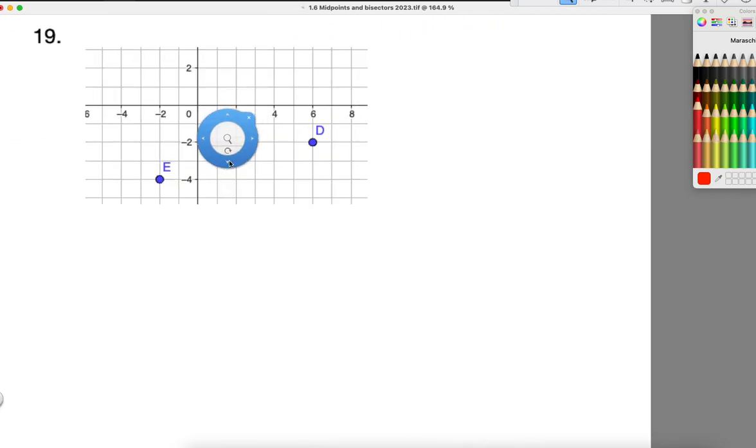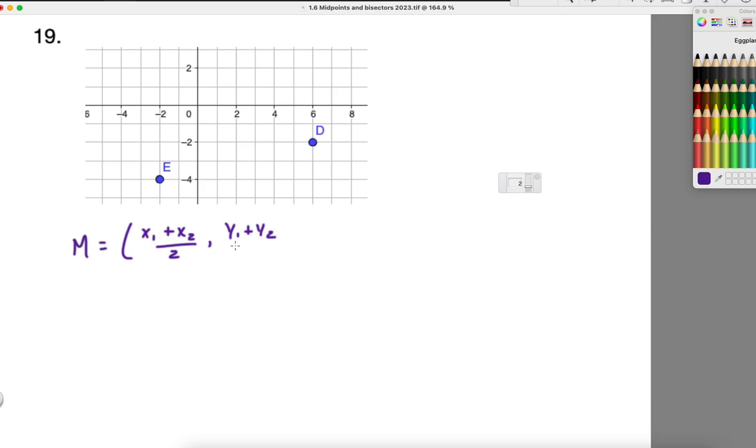Okay, 19. First step, write the equation. That's a good first step. M equals the average of the x values, the average of the y values. Let's label. Which one do we want first?